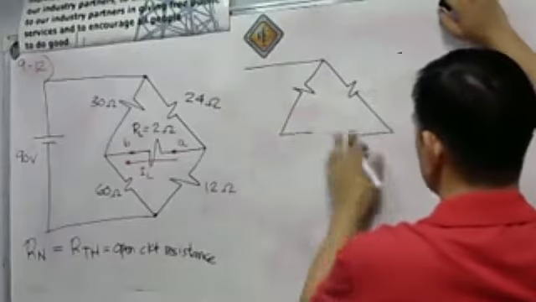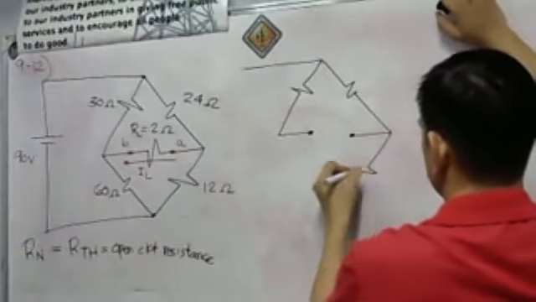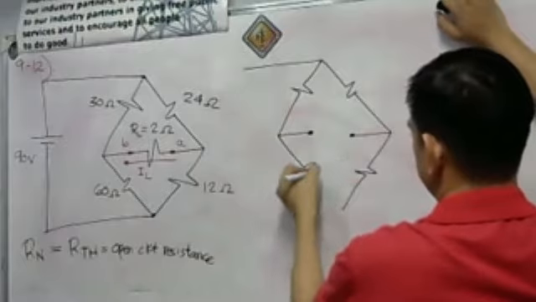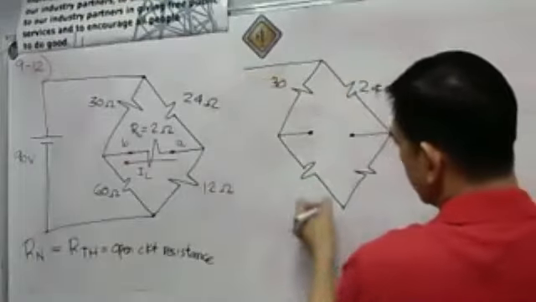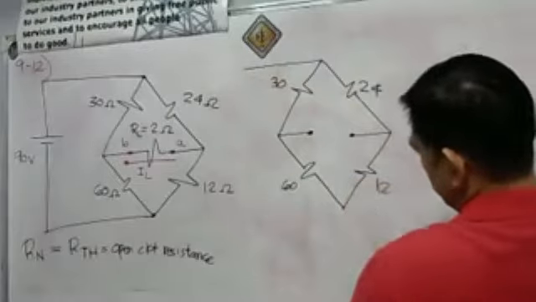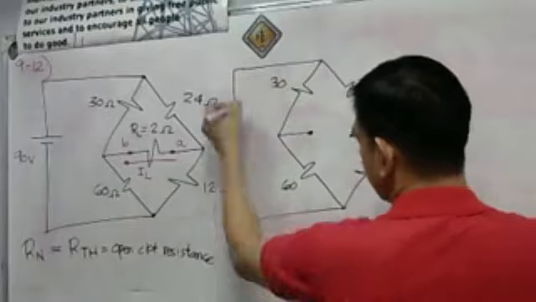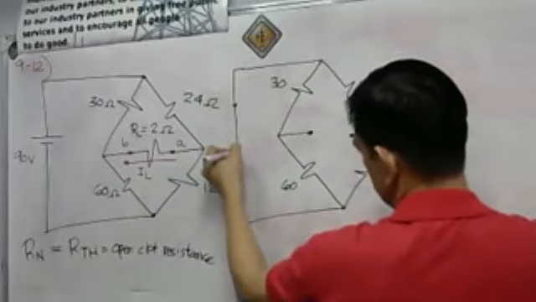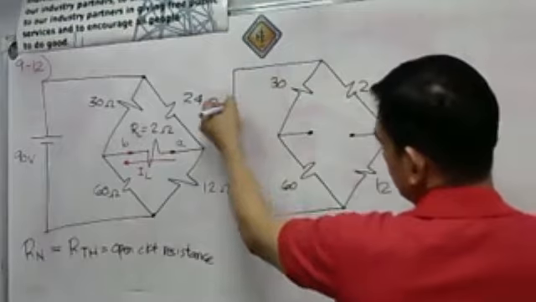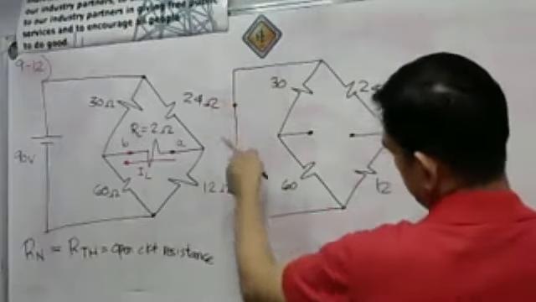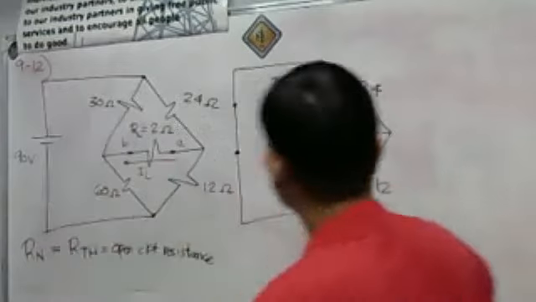I will remove the load resistance RL. We have here our 30, our 24, our 60, our 12. Then we have to short circuit our 90-volt source, so let us remove the 90-volt source and short circuit the two terminals here. This is our point A and our point B.